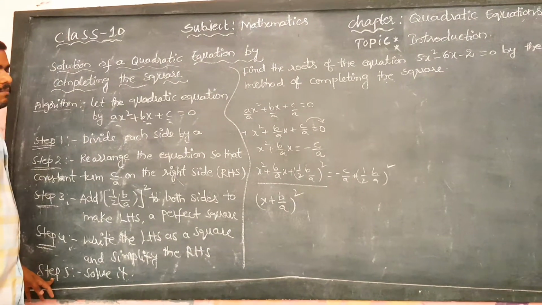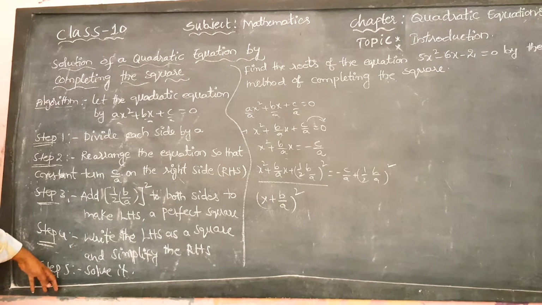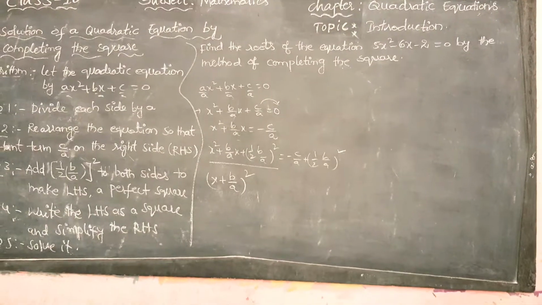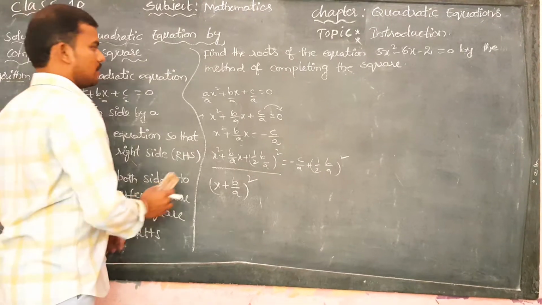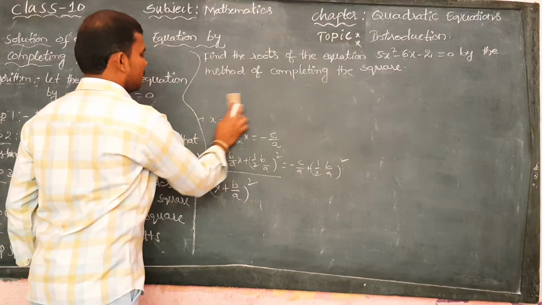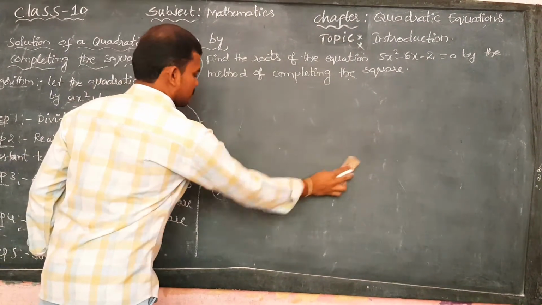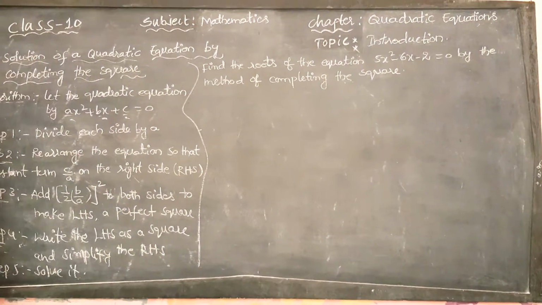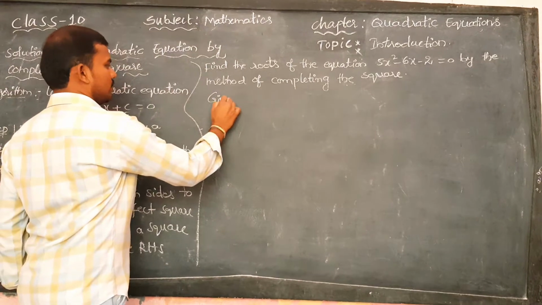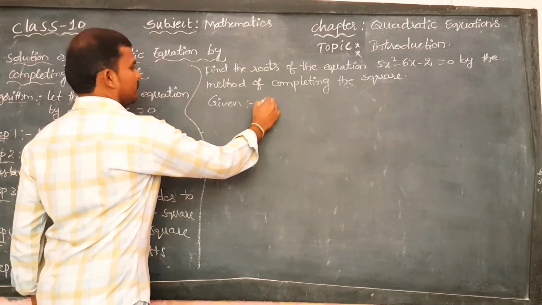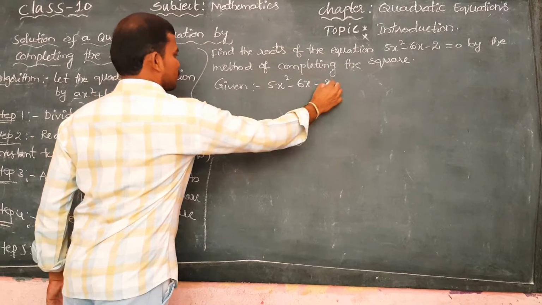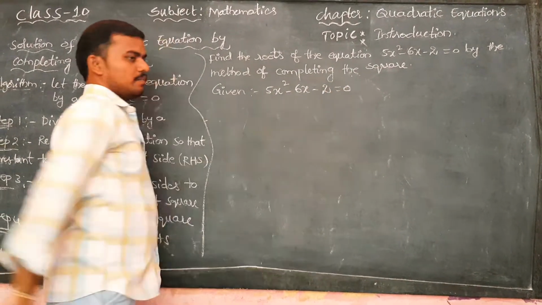So take an example of the method of completing the square. Find the roots of the equation 5x square minus 6x minus 2 by the method of completing the square. The given equation is 5x square minus 6x minus 2 is equal to 0.